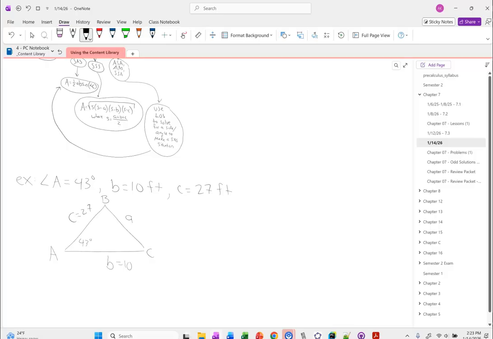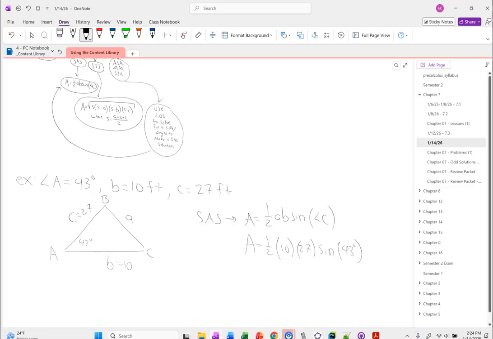Side angle side. So this is side angle side. So I can use this formula. So area equals 1/2 side times side times sine of our included angle. And that's it. Calculator time.